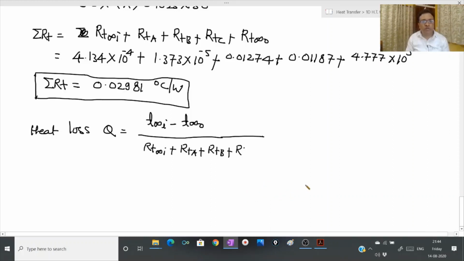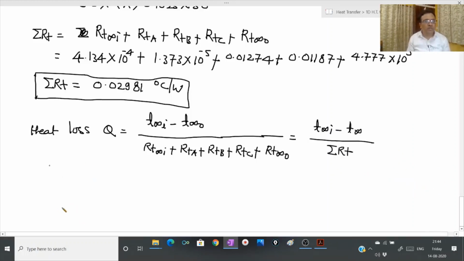Same thing we are going to do here. Q is nothing but T infinity I minus T infinity O over total thermal resistance.